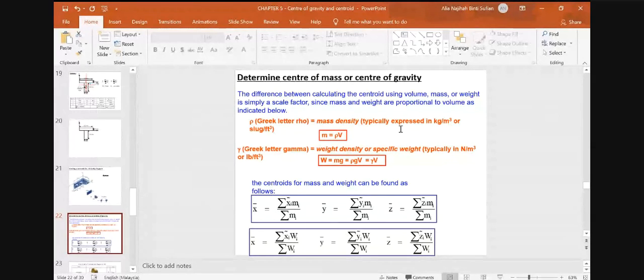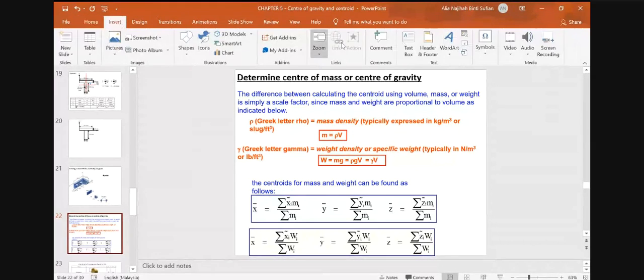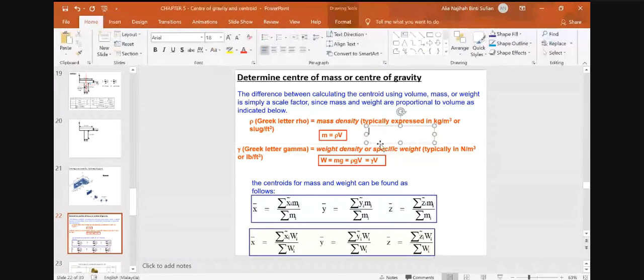Okay, so M is given as rho times V. We have rho in kilogram per meter cube multiplied by volume. Volume is in meter cube. So this meter cube and meter cube cancel out. We have mass in kilogram.